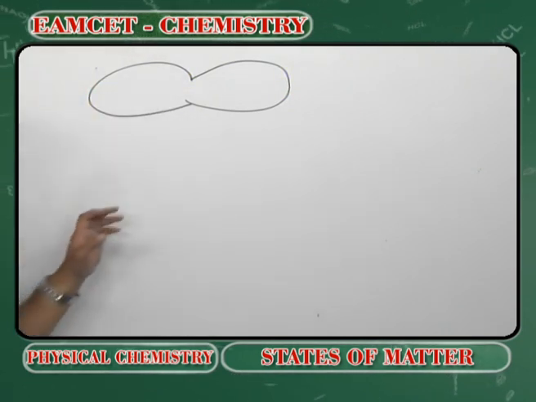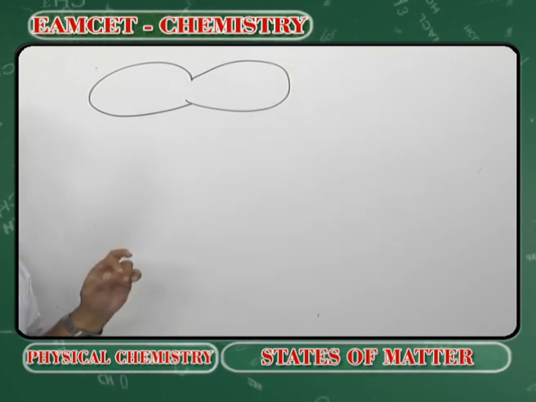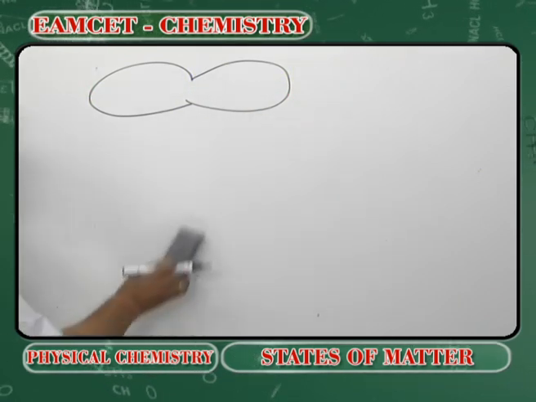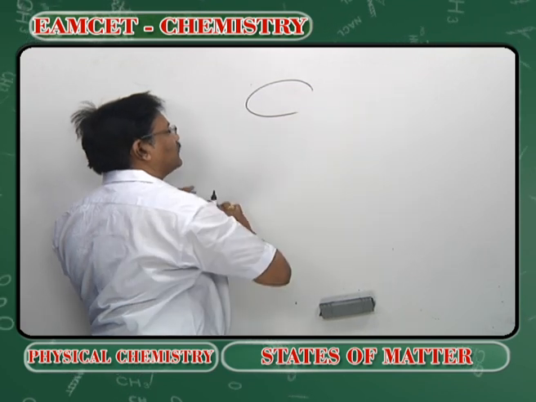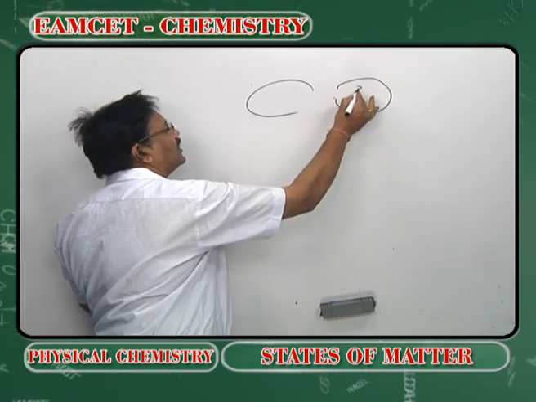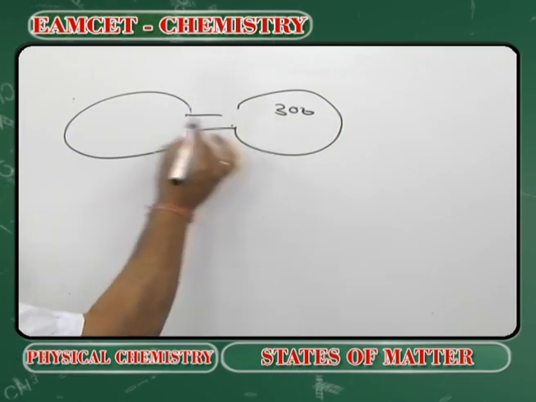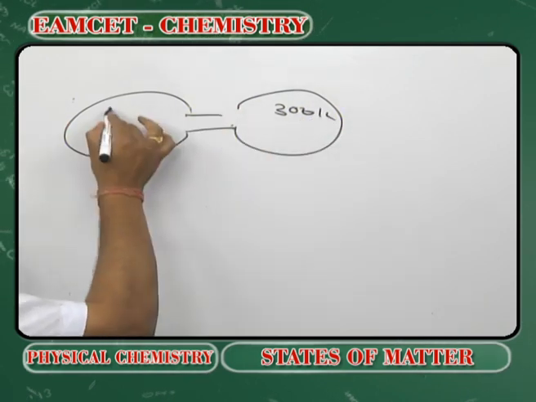Both flasks are of equal volumes. Initially both the flasks are maintained at 300 Kelvin.